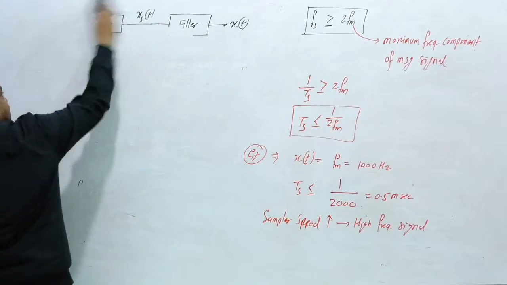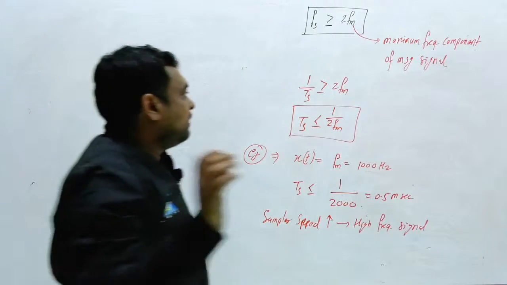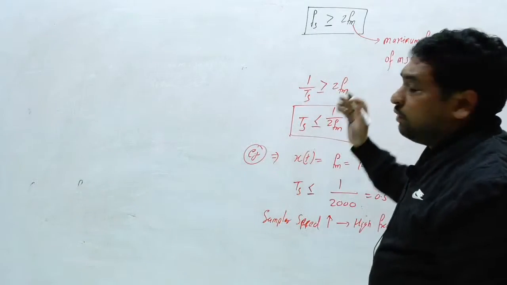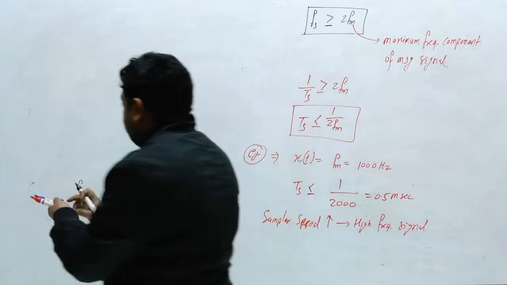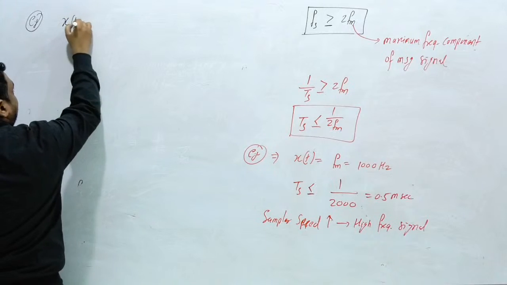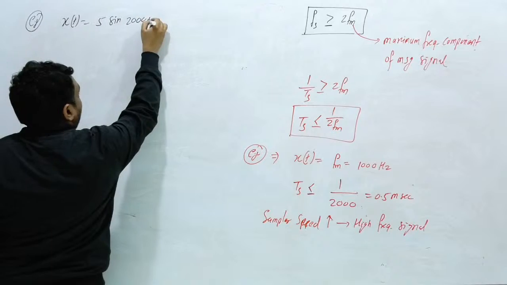Just confirm: from where are we getting this relation? Is this clear to all of you? Now I want to ask you one question. One example I am going to consider: x of t is equal to 5 sine 2000 pi t.